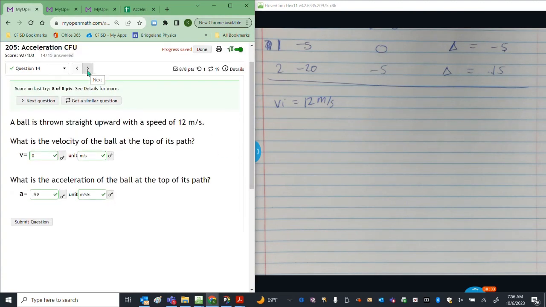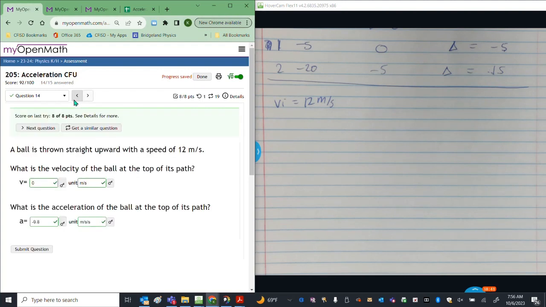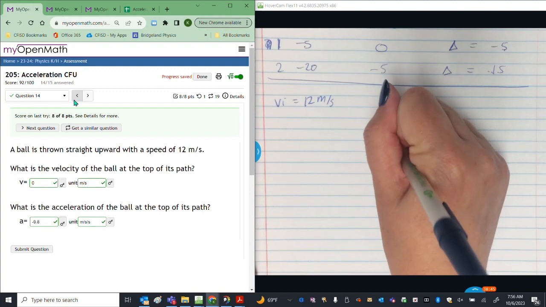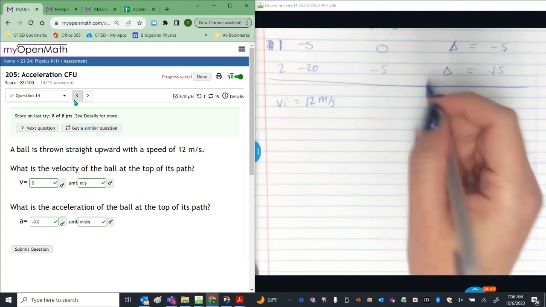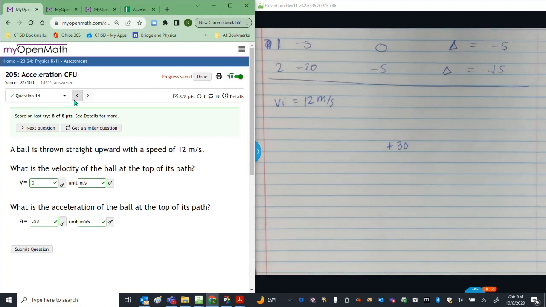Yes? So even if it's going up, it's still -9.8? Yeah. Even if it's going up, it's still -9.8. In fact, if it wasn't negative, let's say I'm going to use 10 instead of 9.8 just to make it easier. Let's say you throw something upward at 30 meters per second. If your acceleration when you were going up was positive, that means it would get faster.